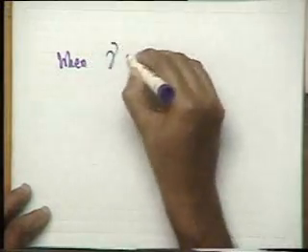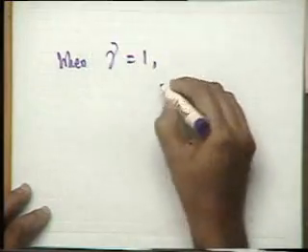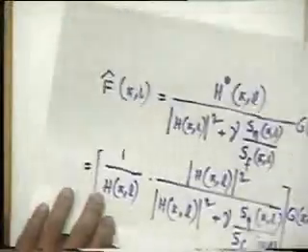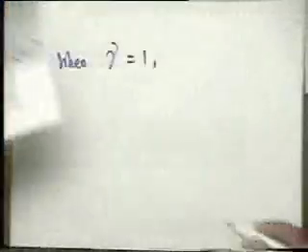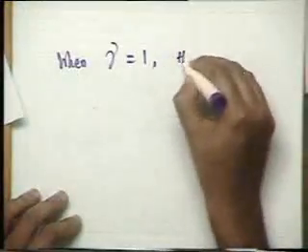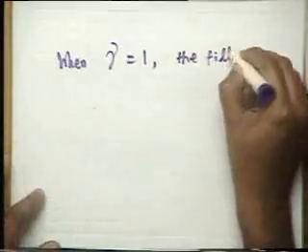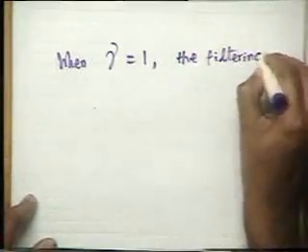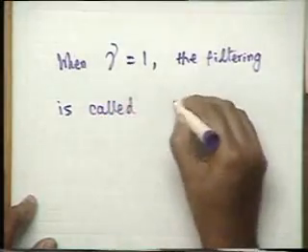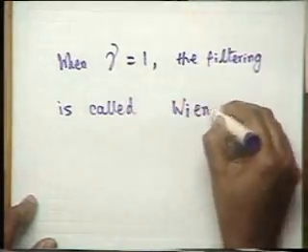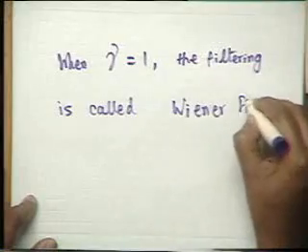So when gamma is equal to 1, this entire expression is called Wiener filtering.